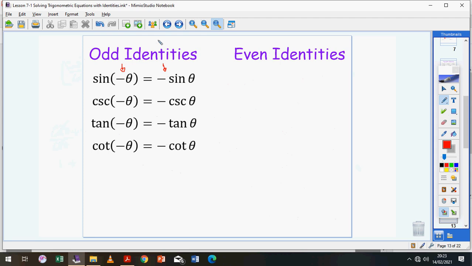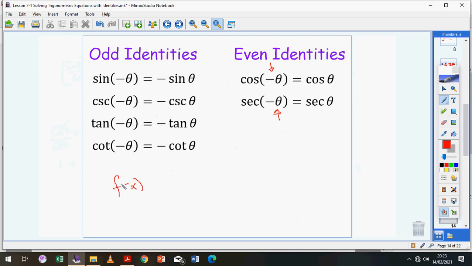We also have even identities for which that does not apply, because I hope you remember that for odd functions, f of negative x is the same thing as negative f of x. However, for even functions, switching the sign of the input does not change the sign of the output. So these are even functions and odd functions.